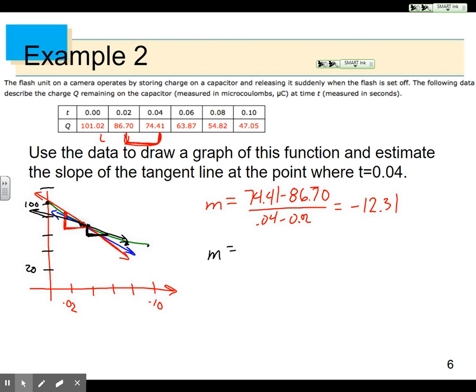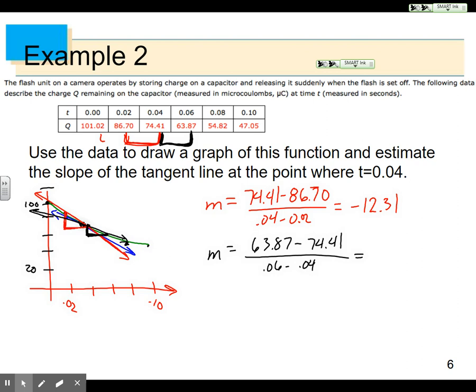I'm using the points 0.6 and 0.04. This time it's going to be 63.87 minus 74.41. So let's do y2 minus y1 over x2 minus x1. I don't have this number ready for you, I apologize, but it is coming up.